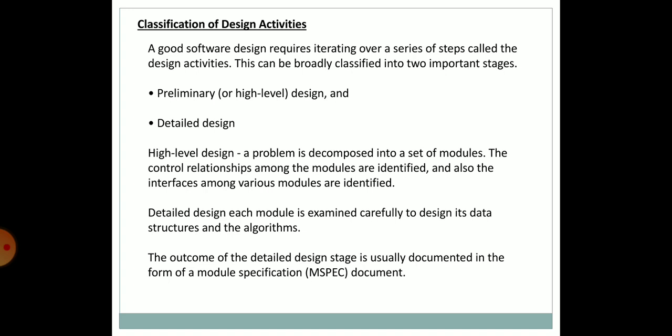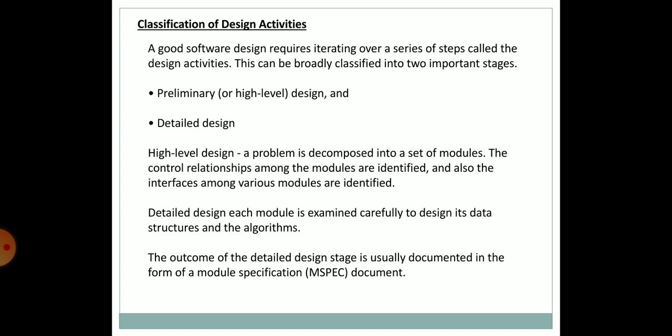Once we have completed the preliminary stage, that is the high level design that contains the decomposition of modules and establishing the control relationships and interfaces among the modules, and this outcome is represented using either a structure chart or UML, then we move on to the detailed design. In that, we need to design the data structures and the algorithms needed to specify these functions.